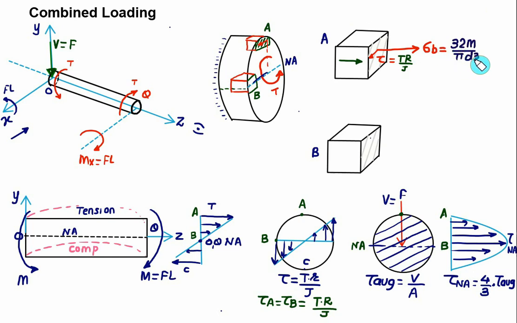This is the maximum value of the bending stress on the outer fiber, and the arrow is outward because it is in tension. Then we have shown the shear stress on the outer fiber is maximum, that equals T into R by J.